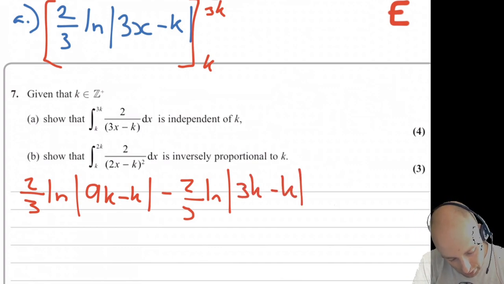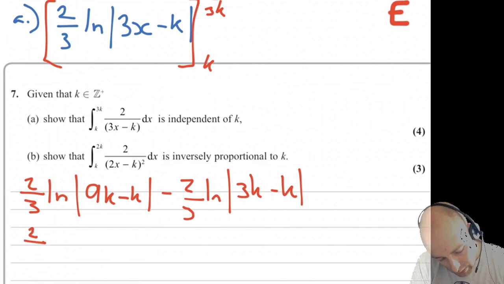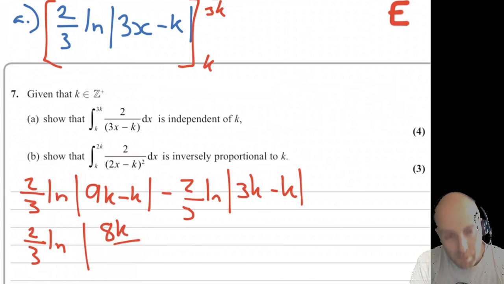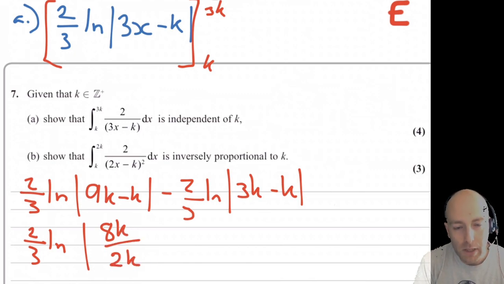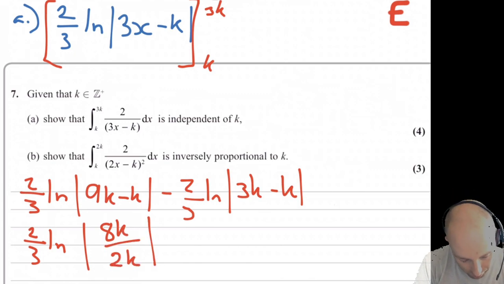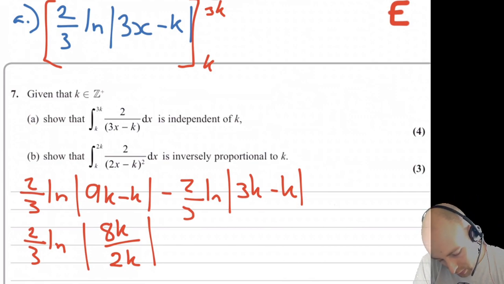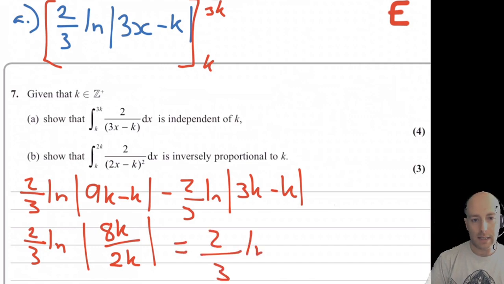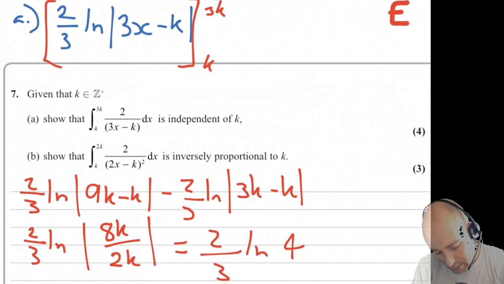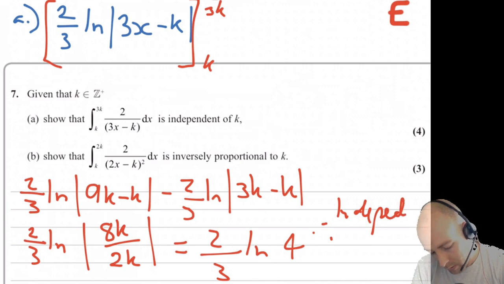So we got 2/3 ln of 8k over 2k by using the log division rule. 8 over 2 is 4, k over k disappears, so we get 2/3 ln 4. So there's no k's in the answer, so the answer is therefore independent of k.